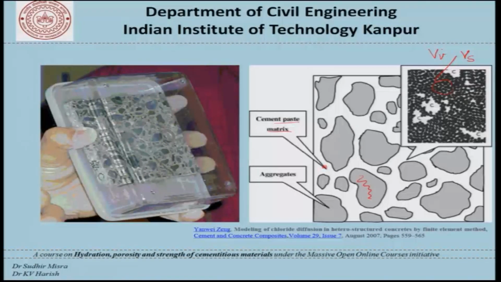But having said that, we need to evaluate the permeability of this concrete composite which is shown here, whether it is in this direction or it is in this direction, and we are looking at deleterious ions or deleterious material from the atmosphere permeating into concrete through the voids in the paste.